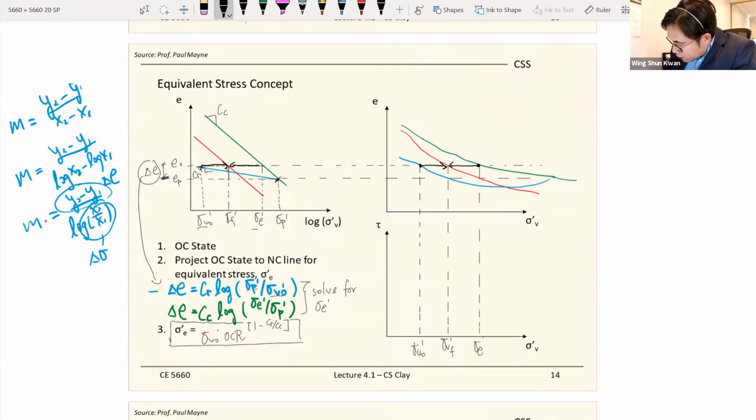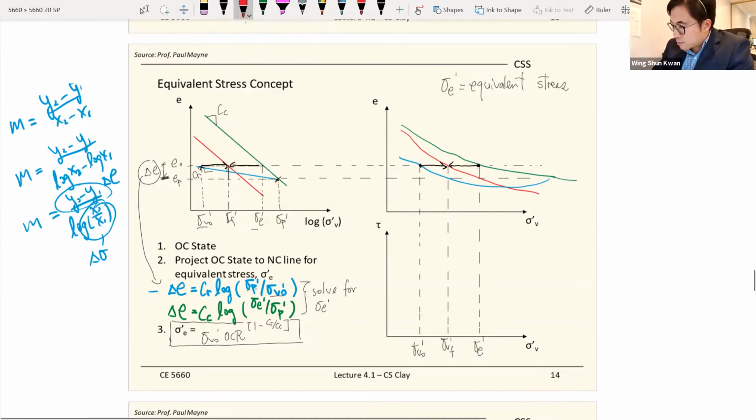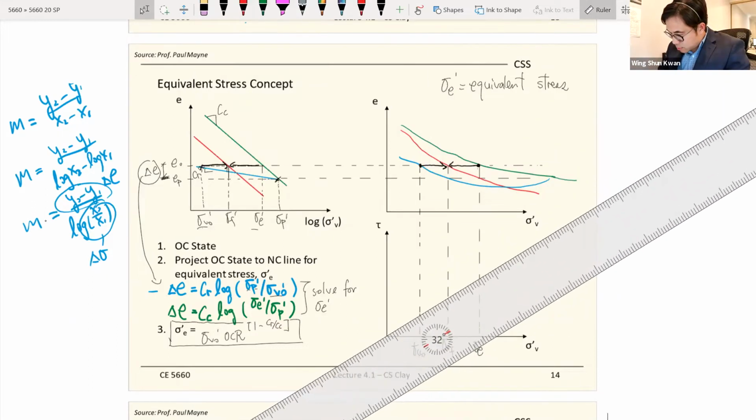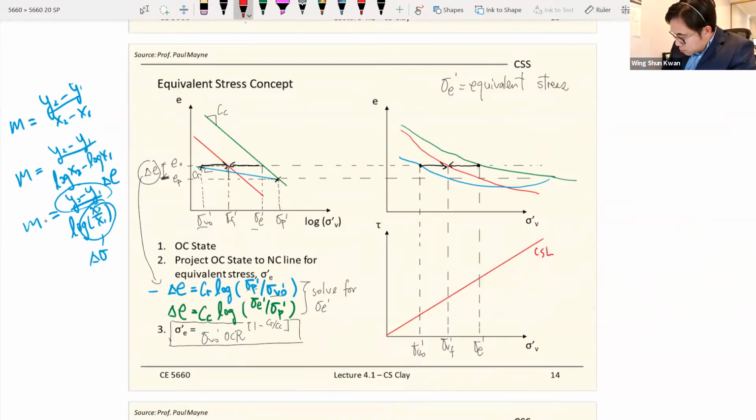And this is your equivalent stress at this point. So the delta e pi is the equivalent stress. And we do have a critical state line. And this is the failure point.